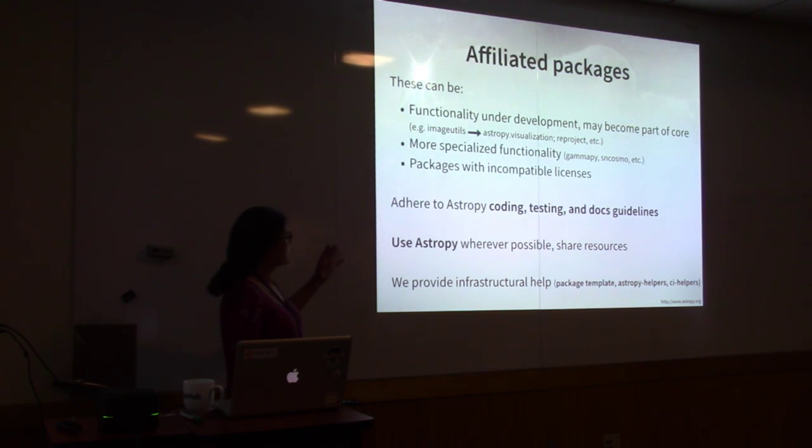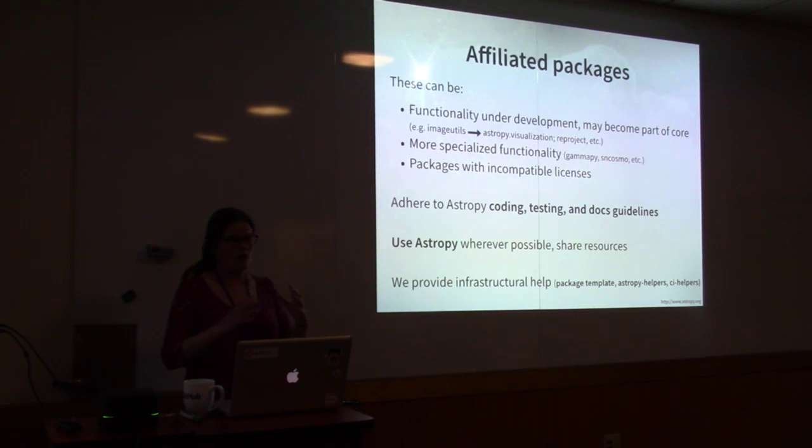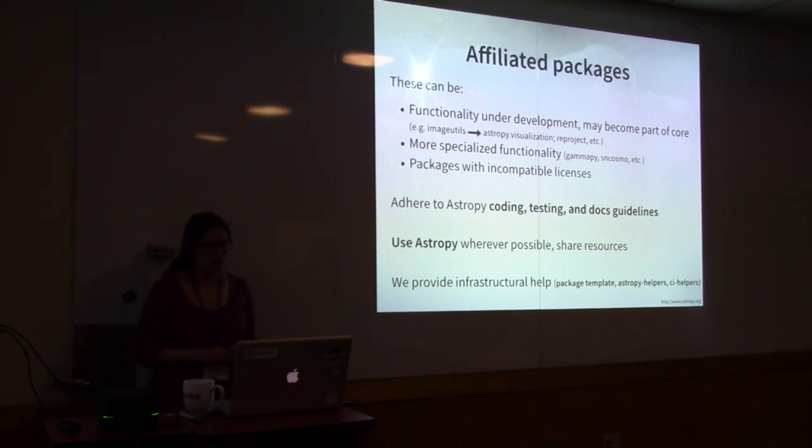So there are basically three types of affiliated packages. A few of them are core functionality, but under very rapid development. So they might end up in the core, like it happened with ImageUtils, which is now astropy.visualization, or like with the web project affiliated package.